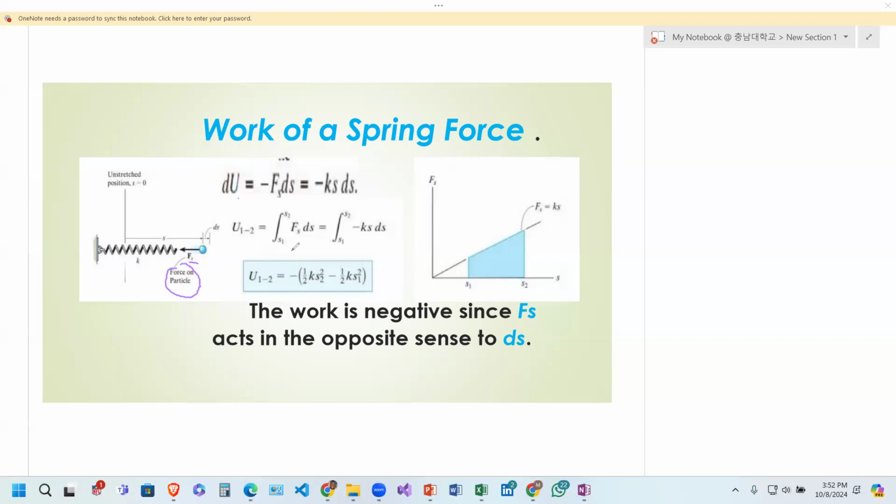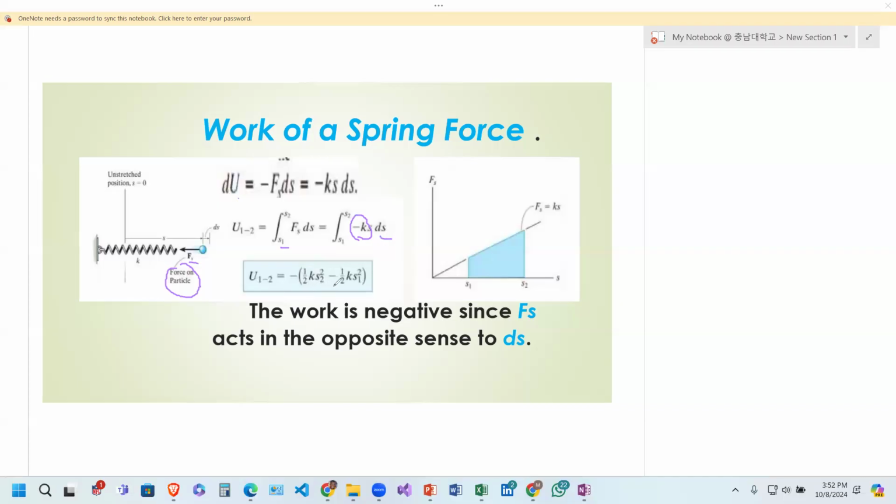To get the work done, we integrate over the distance moved from position s1 to position s2, using the expression we already got in lecture number 5, with respect to s.